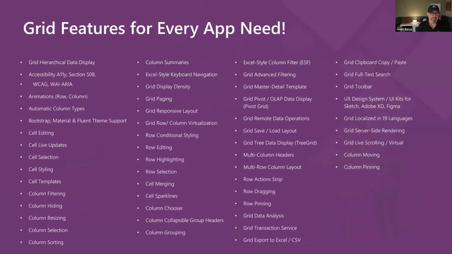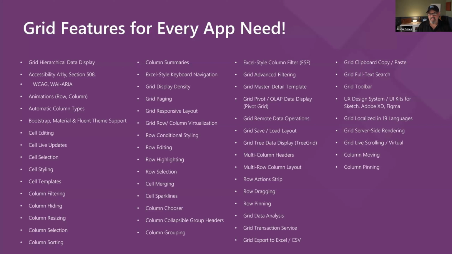I just want to highlight, as we continue to roll out features in the Blazor grid specifically, if you've been using the Angular grid, you're like, man, this thing has every feature possible. I don't need it. Please stop adding features. There's too many features. It does everything I need. Well, Blazor's getting there. We're really close.